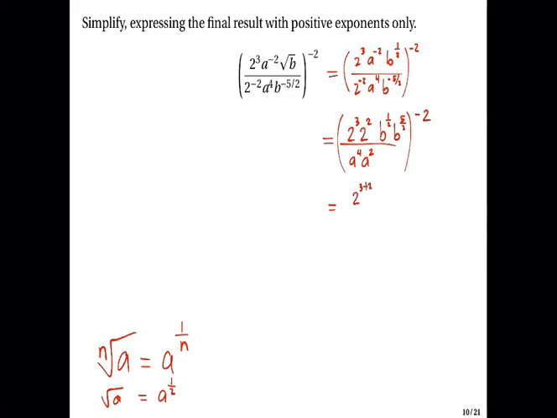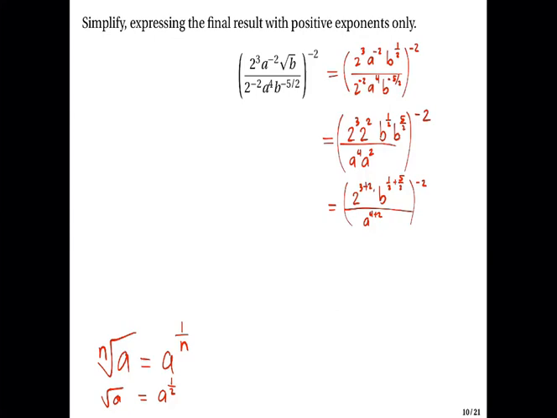And then in here, we will have b raised to 1/2 times b raised to 5/2. It becomes b raised to 1/2 plus 5/2. And then on the denominator, you have a raised to 4 times a raised to 2. So it becomes a raised to 4 plus 2. And again, raised to negative 2.